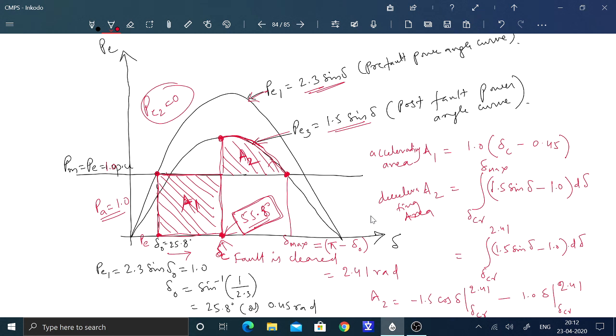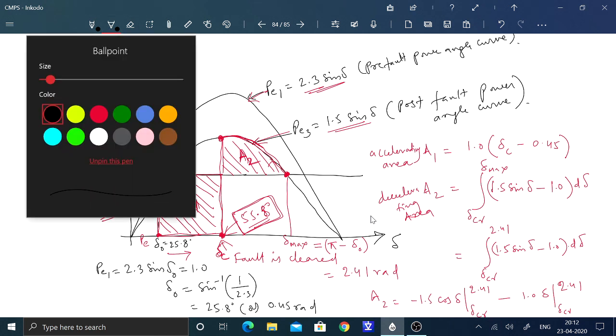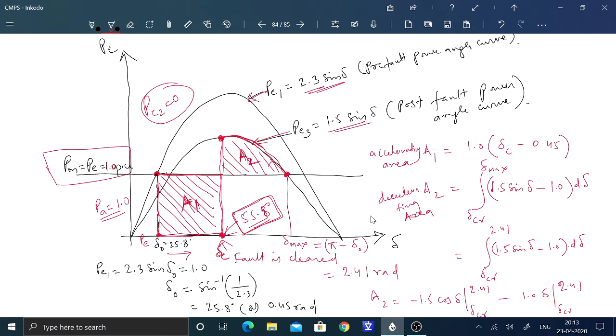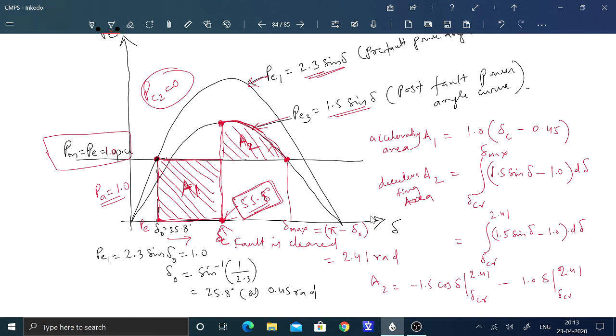Now initially the machine is delivering 1 per unit power to the infinite bus system. So the initial operating point is at this point, which can be calculated by substituting in the initial power angle equation, that is PE1 is equal to 2.3 sine delta naught is equal to 1.